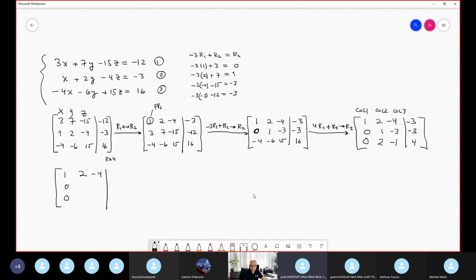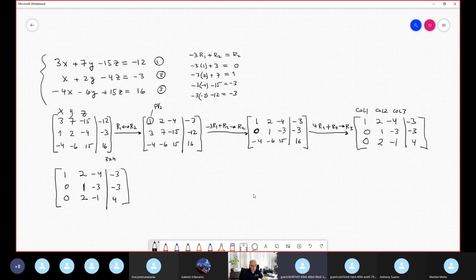I'm planning my second stage, working with column 2. This is nice, I appreciate so much that there is a 1 here. I created it intentionally.